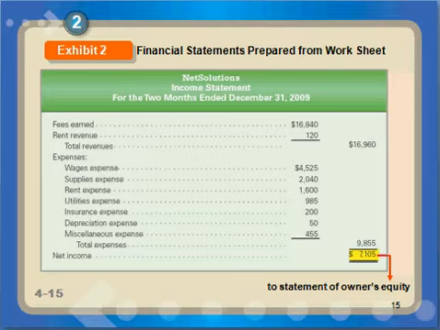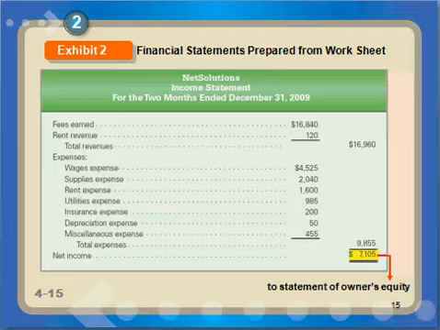We list those out and put those balances in the left column, and we total up his wages, supplies expense, rent expense, utilities expense, insurance expense, depreciation expense, and miscellaneous expense, and we come up with total expenses of $9,855.